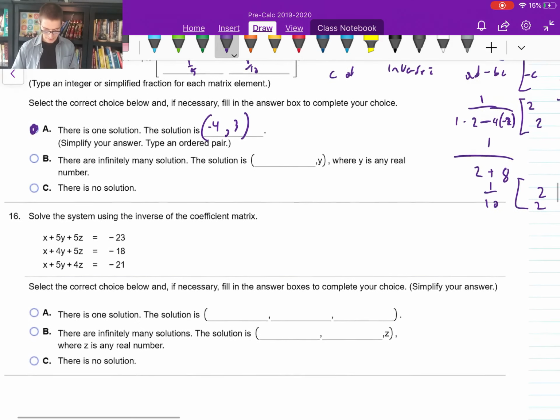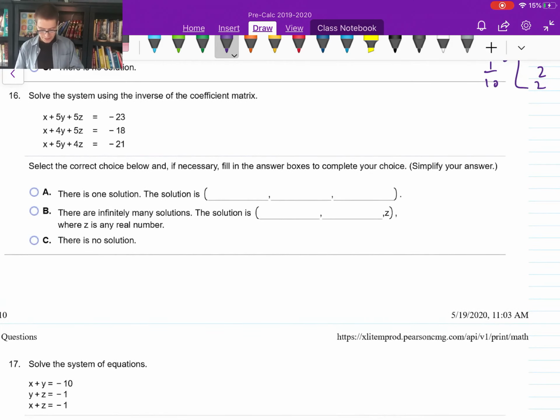Okay. Number 16. Solve the system using the inverse of the coefficient matrix. Select the correct choice below, and simplify your answer. So we need to solve the system using the inverse of the coefficient matrix.